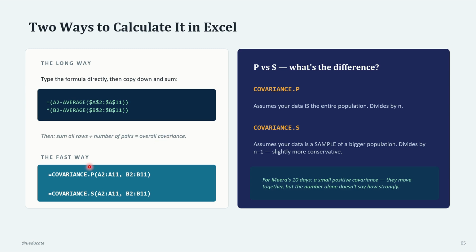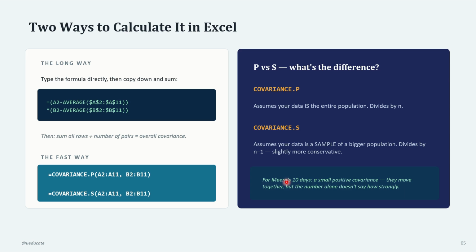Now the fast way is to use equals COVARIANCE.P. What P suggests is that we have the entire population, so it's divided by n, and S assumes the data is a sample of our bigger population, which is slightly more conservative. So if we have 10 variables, a small positive covariance means both values are moving together, a positive relationship.